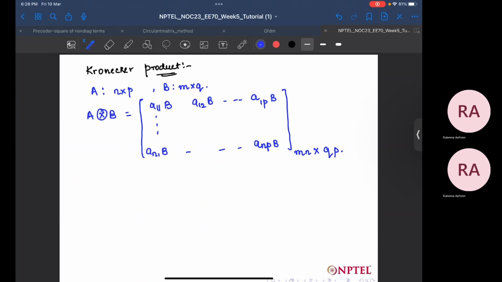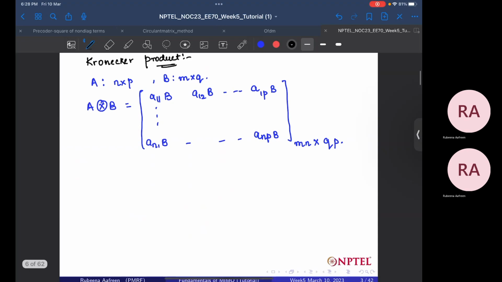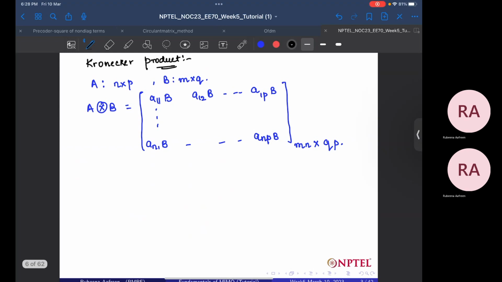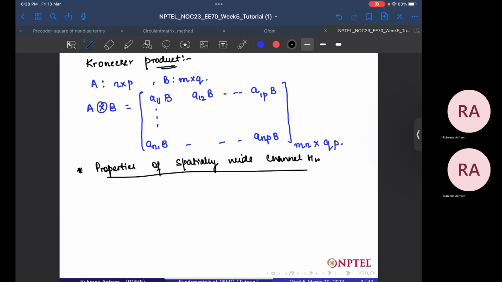Afterwards, we will move on to again spatially white channel. So some basic things that you need to remember, because these questions can be asked direct and straightforward in the exams. So I'll just write. The first thing is that it is a full rank matrix.